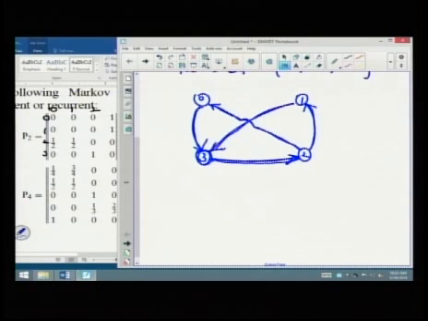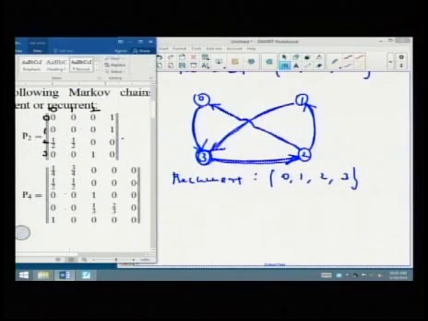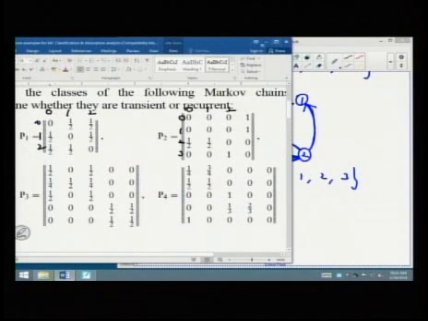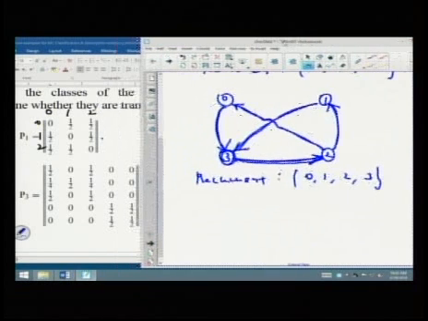So again, we have only one class, and they are recurrent, right? Very easy, right? Okay, how about the third case?